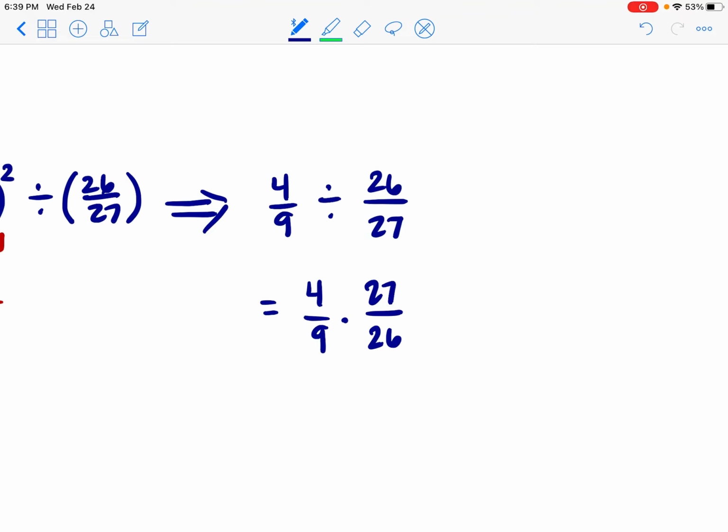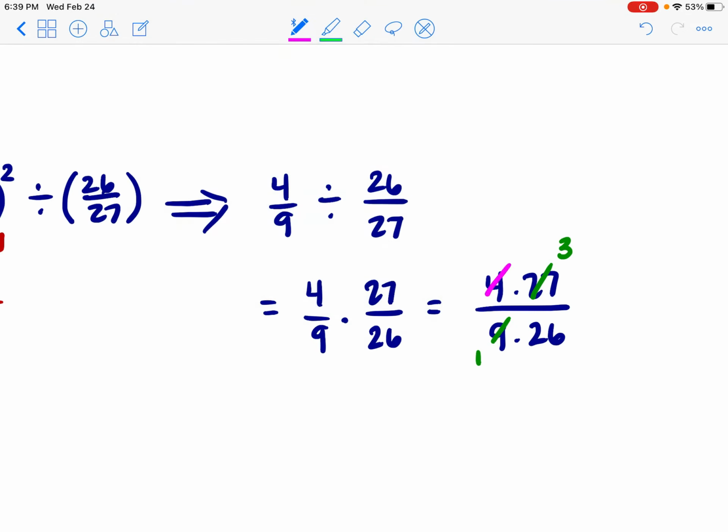So remember, we can make this all one fraction. I could say this is 4 times 27 on the top, and this is 9 times 26 on the bottom, but I can see some common factors. So I can see 9 and 27 are both divisible by 9, so I'm going to divide here by 9 to make 1, and divide here by 9 to make 3. And I can also see the 4 and 26 have a common factor of 2.